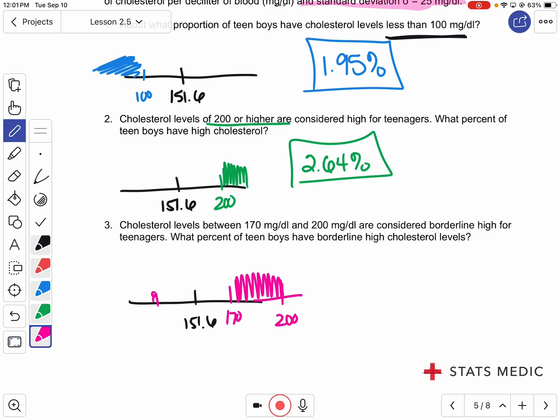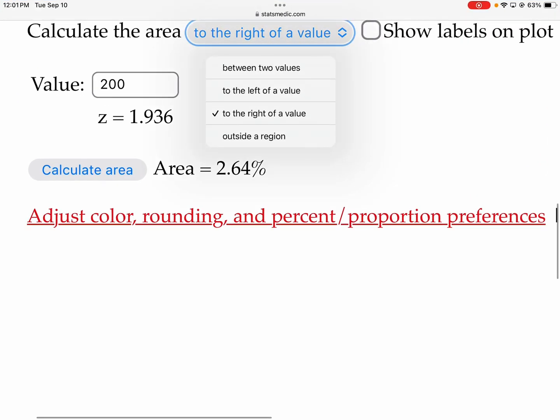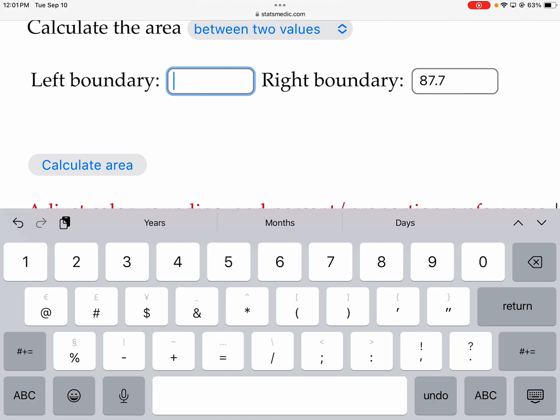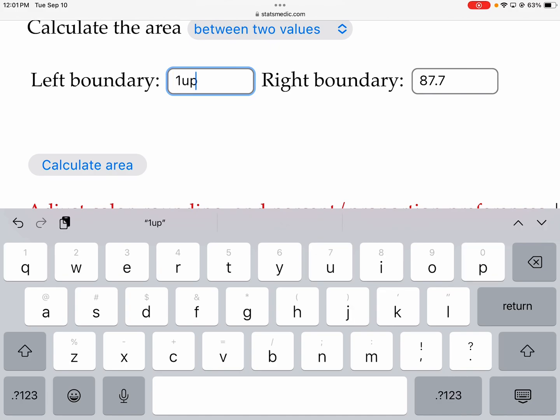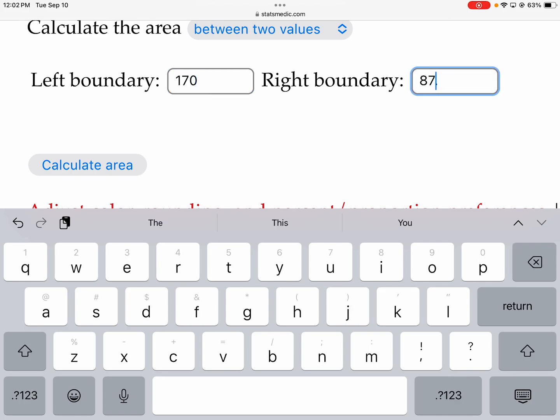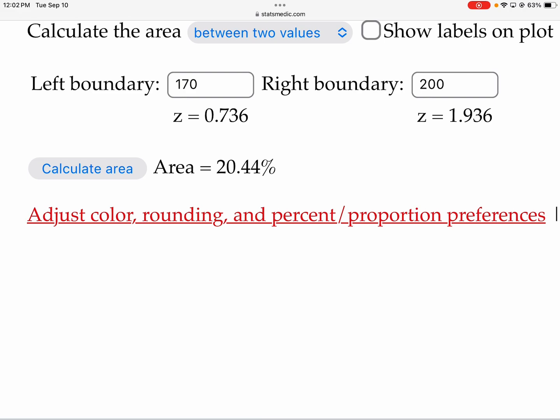So I've got 2 values there that I'm considering. I'm going to jump over to my applet and change that to between. So between 2 values, it's going to automatically shift there. And I have 170 and 200. And we calculate our area, and we get about 20.44%.